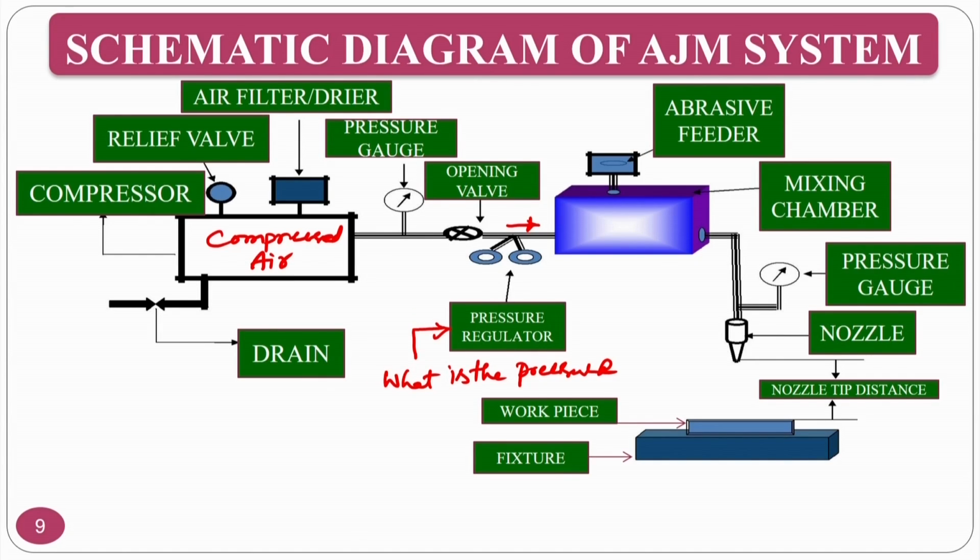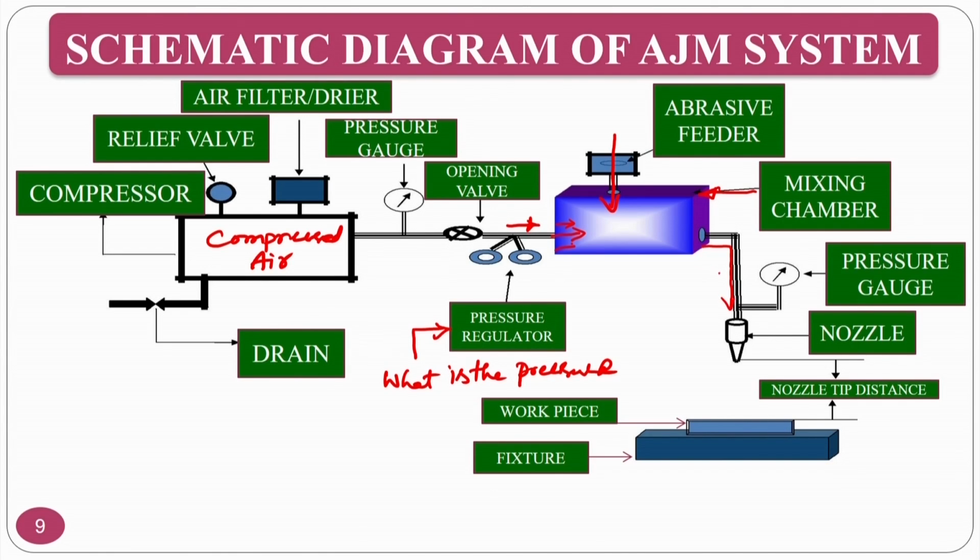Now, it will go into a mixing chamber. This is the mixing chamber where you are feeding the abrasive particles and the compressed gas is coming. Both will mix and come out like this.